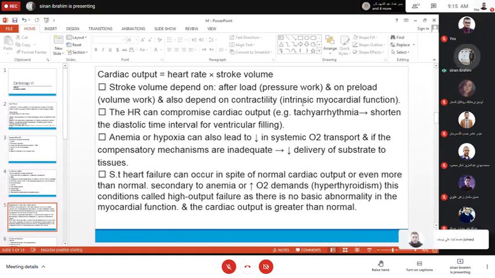So all of our drugs and treatment will depend on these four factors, including the heart rate, with drugs like beta blockers, drugs acting on the afterload, like the ACE inhibitors, on the preload, like diuretics, and the drugs that act on the contractility, like digoxin, dopamine, and dobutamine.